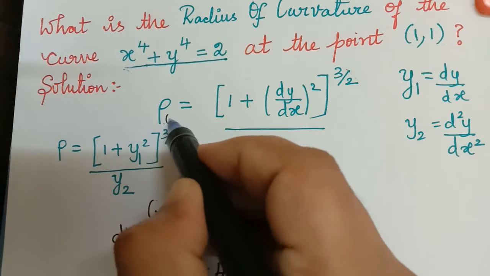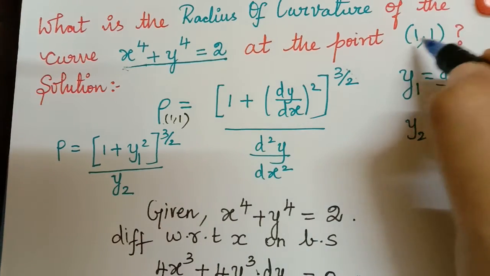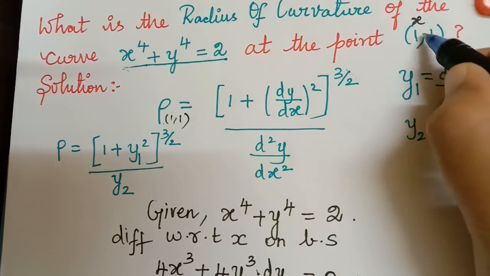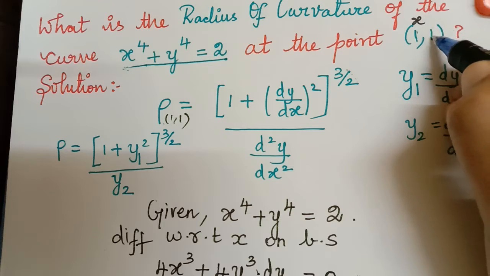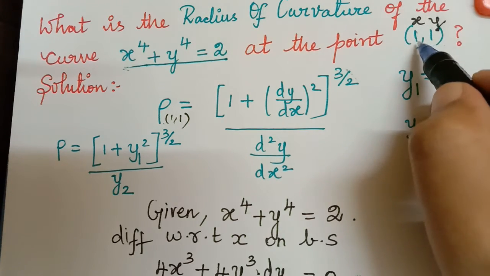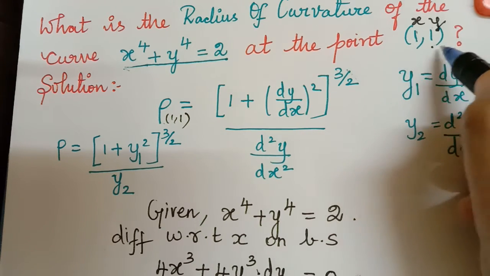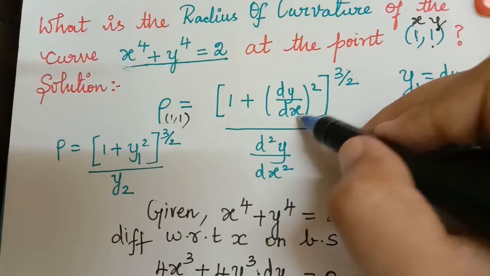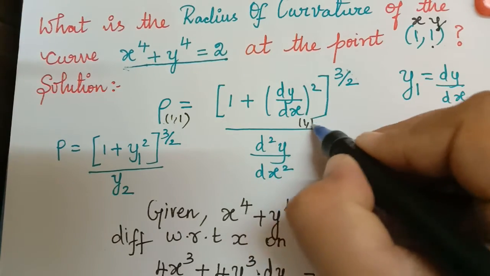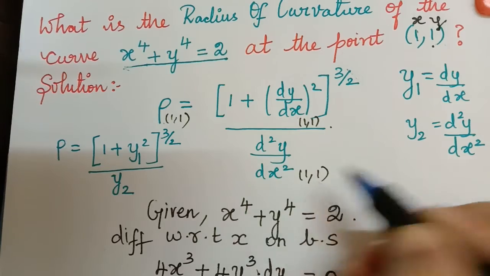So at the place of x we have to replace by 1 and at the place of y we have to replace by 1, because this is the x coordinate and this is the y coordinate. So we should also find dy by dx at (1, 1) and d squared y by dx squared at (1, 1) only.